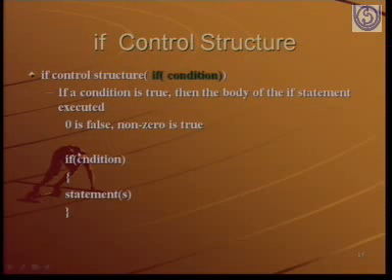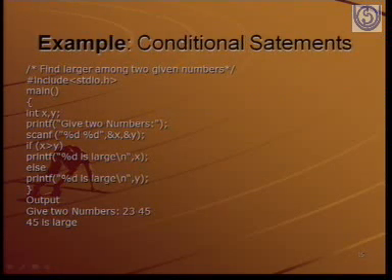The if construct, as we discussed: we are checking a condition and on the basis of the condition we are performing certain statements. If the condition is true, these statements will be executed, otherwise you will come out of this block. Here you can see the example. We are taking two variables x, y. We are reading values into these two variables. We are checking if x is greater than y, then you print x is large, otherwise you print y is large.